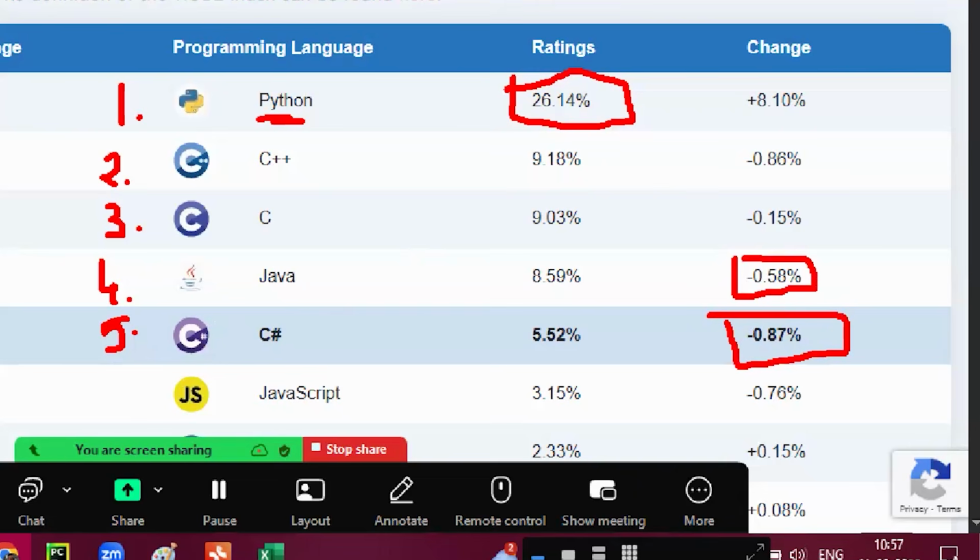Up to 2021, 22, and after 22 onwards, Python came into the picture. There's a reason. If you observe clearly, Java and .NET ratings are down and Python's rating increased. If you observe almost every college, they introduced Python.